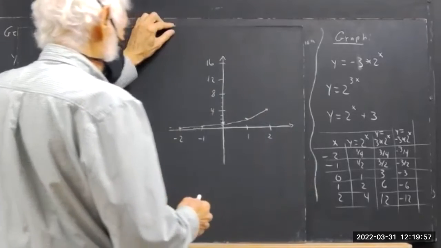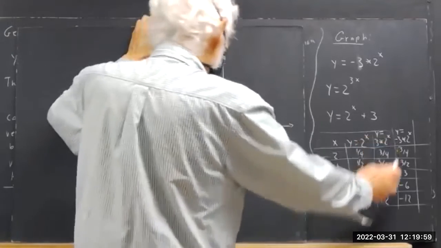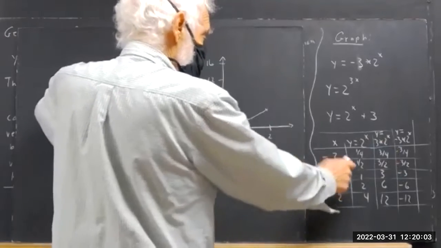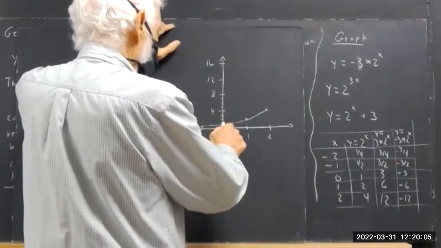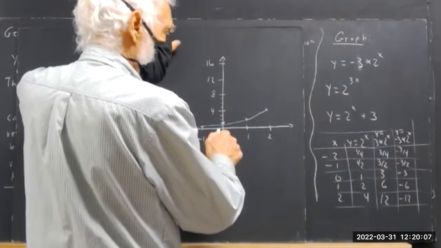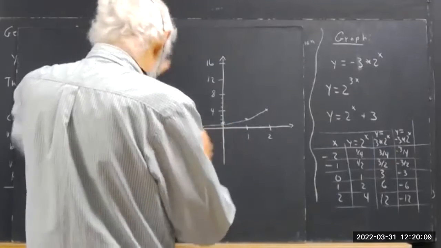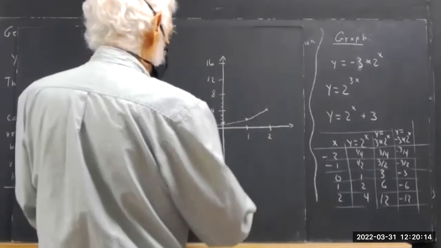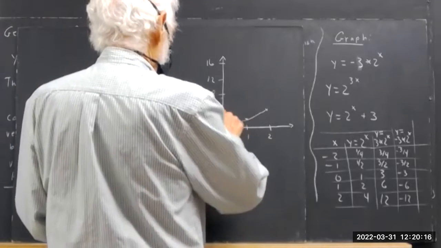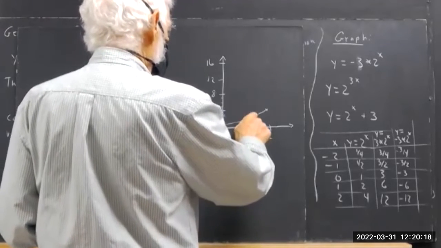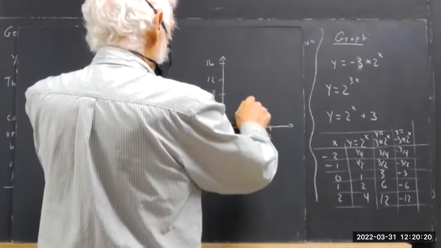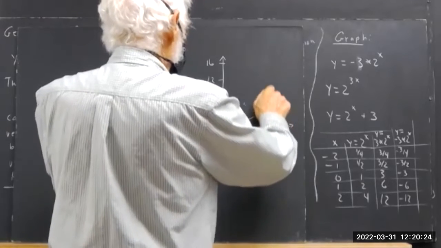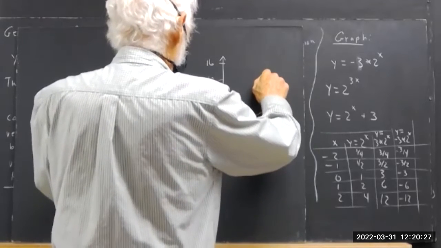Now, I multiply all my y values by 3. Okay, so instead of the point 0, 1, I get the point 0, 3. Instead of the point 1, 2, I get the point 1, 6, which will be up here. Instead of the point 2, 4, I get 2, 12, which is up here.